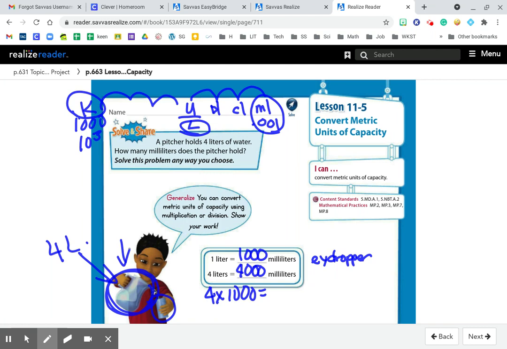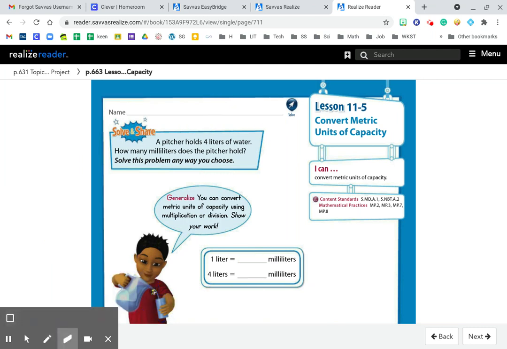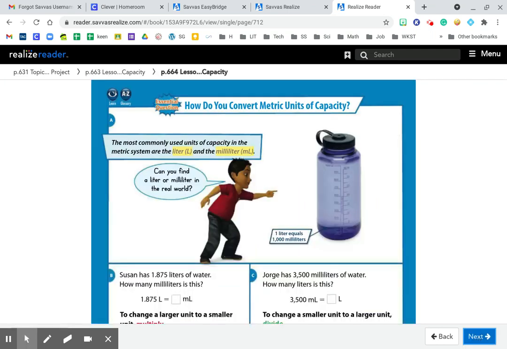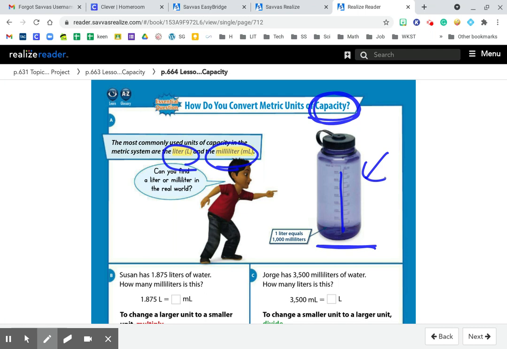So you can see a milliliter is like a teeny drop of water. You can always check around the house and ask your parents to show you some of these things. So you've seen the liter water bottles. You probably have some of those around your house. And you might see the measurements along the side there. Check them out. The most commonly used units of capacity in the metric system are the liter and the milliliter. And capacity is what we can fill the container with. How much can we fill it with?